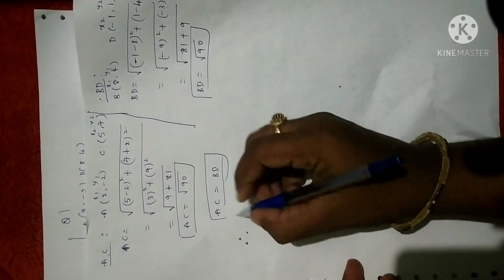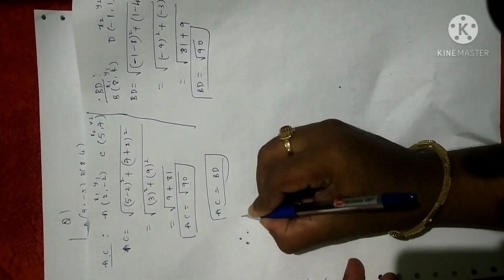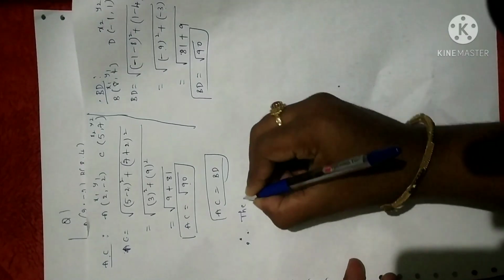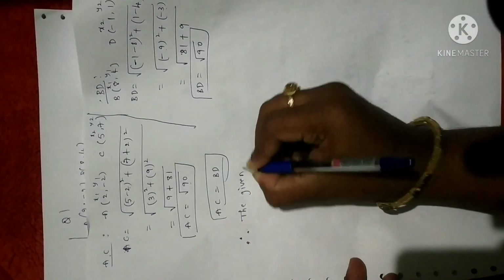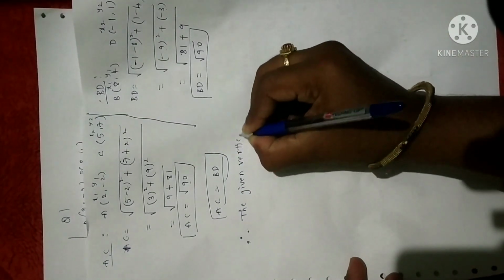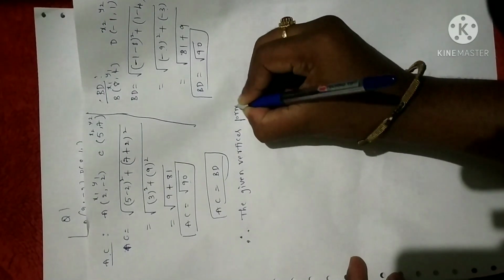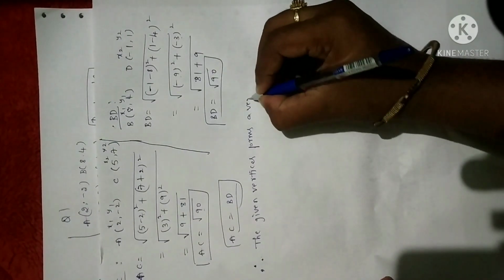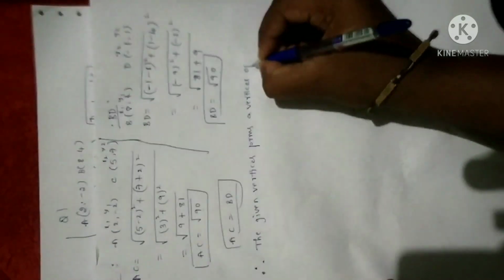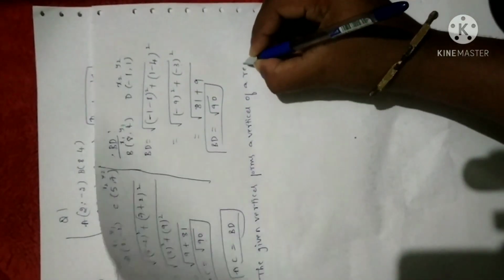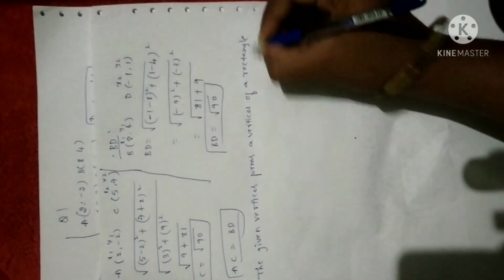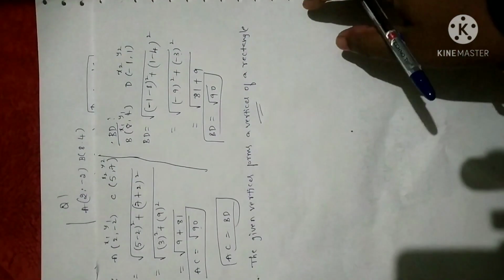There is one mark for that. You have to write the conclusion. That is, therefore, the given vertices form the vertices of a rectangle. Hope it is clear for you.